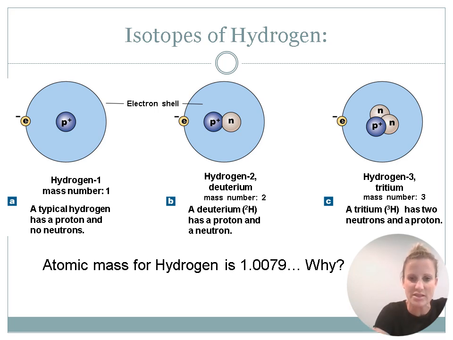If the total mass is 3, 3 equals 1 plus 2. There must be 2 neutrons. And that's what you see here in the nucleus, the 2 neutrons, to give you a total mass of 3. You still only have 1 proton, 1 positive charge, so you still only have 1 electron out there orbiting in the electron cloud.